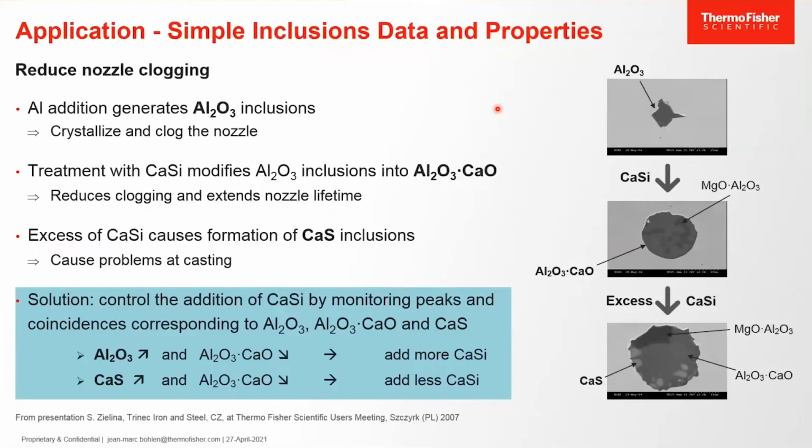All this can be done optimally when using statistical process control software, SPC software. We'll see the application at the end of this presentation, where you can control the level of these different inclusions in a very simple way.